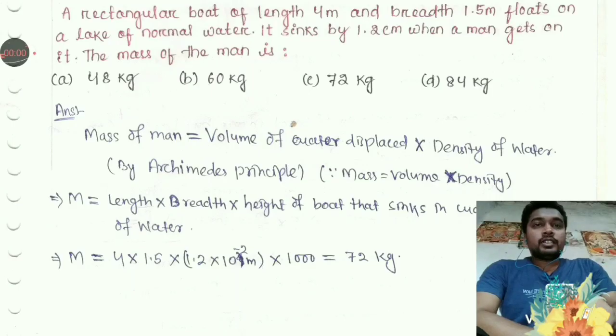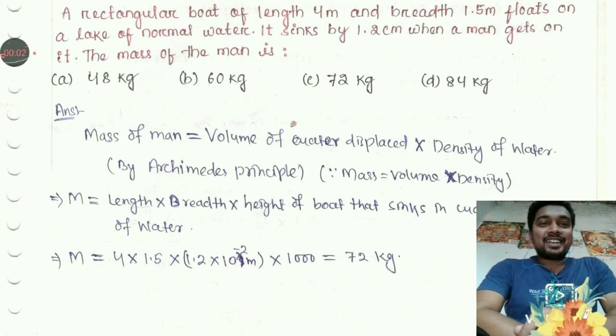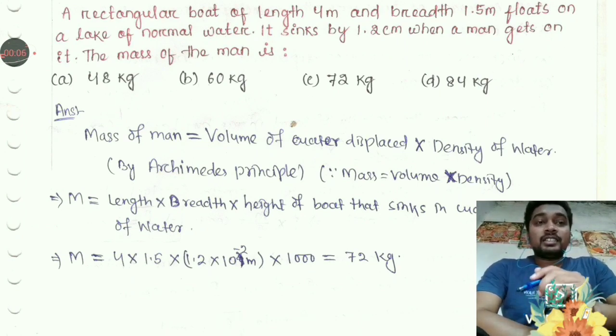Okay. The next question is from the famous Archimedes principle, which says the mass of a man that floats in the boat is the volume of the water displaced into the density of water. We can calculate the volume by multiplying length, breadth and height.